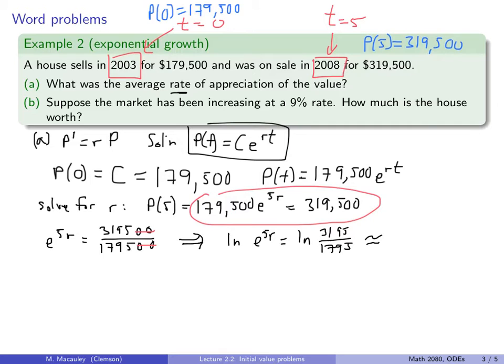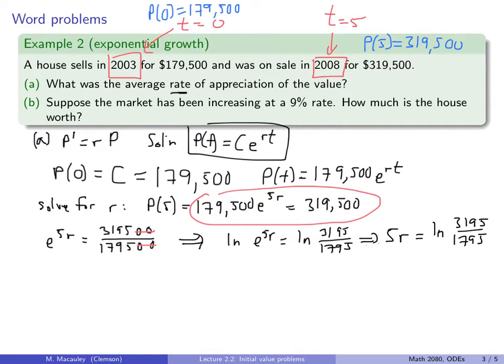Now the natural log and the e cancel, so this tells us that 5r equals the natural log of 3195 over 1795.